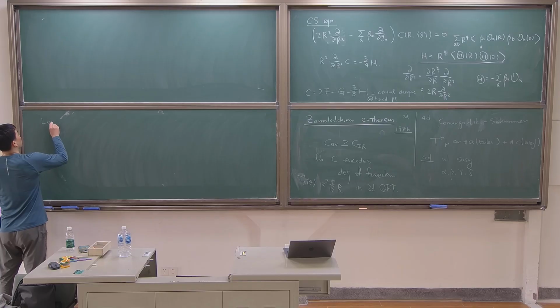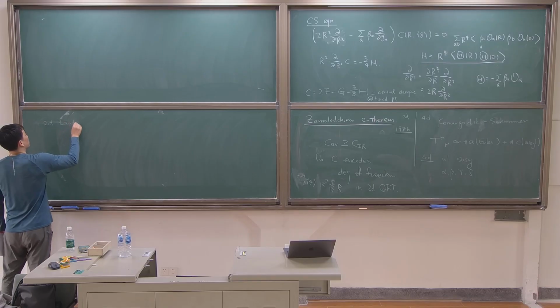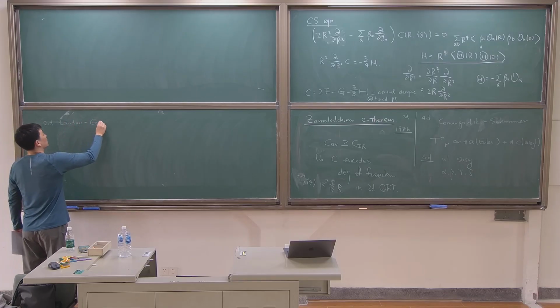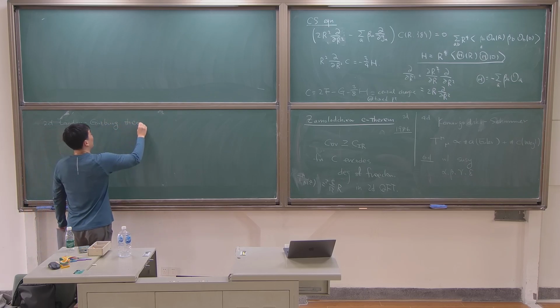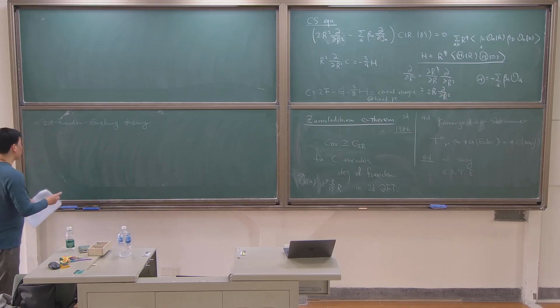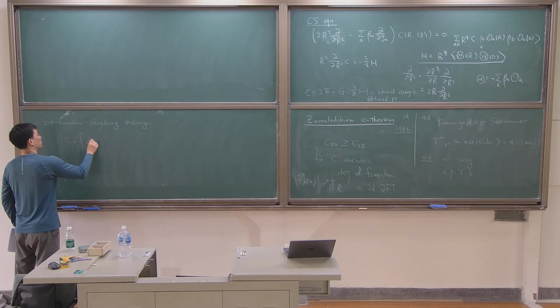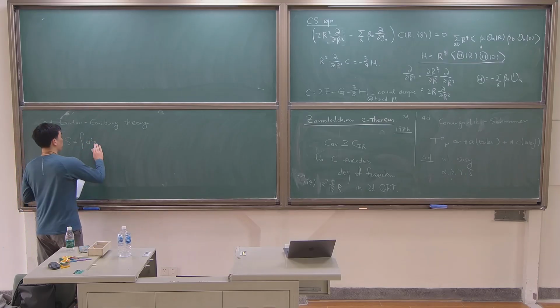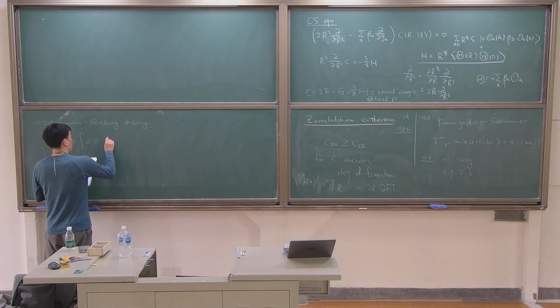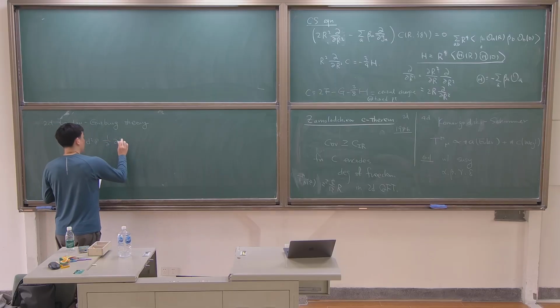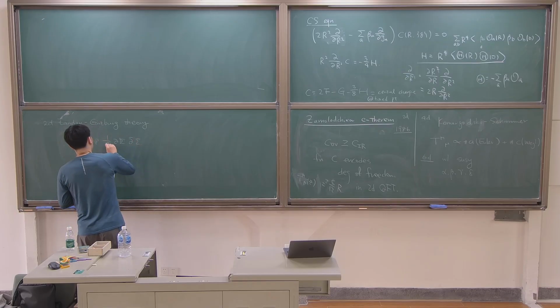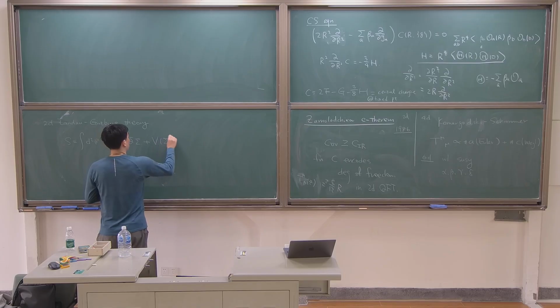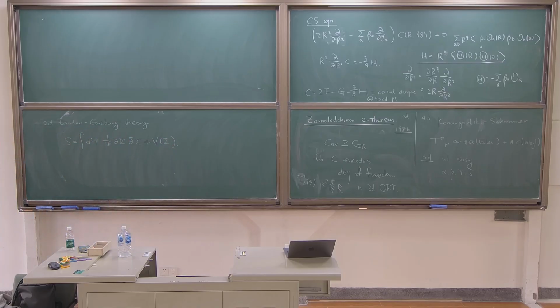So let's consider a Landau-Ginzburg model, a two-dimensional Landau-Ginzburg model. The action is given as follows: one half of the derivative of sigma squared, plus the potential V of sigma. So this is the Landau-Ginzburg theory.